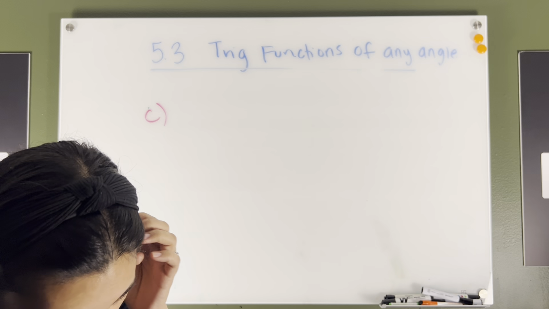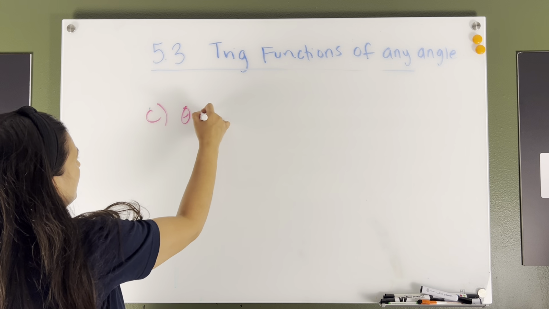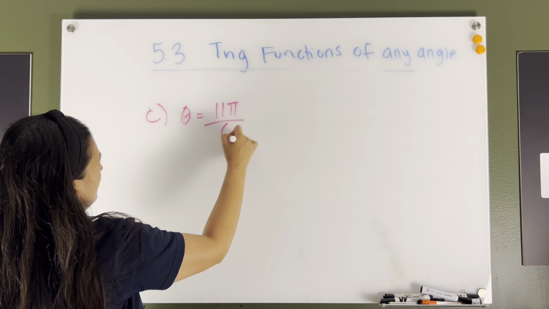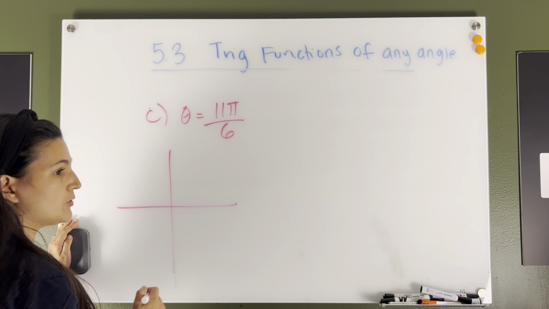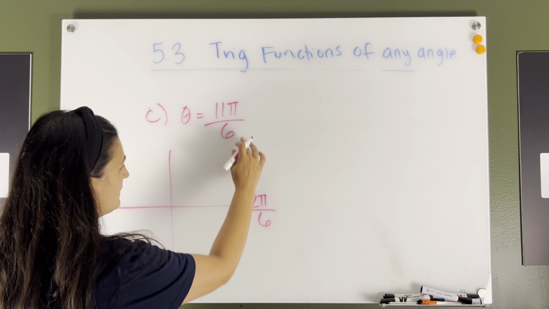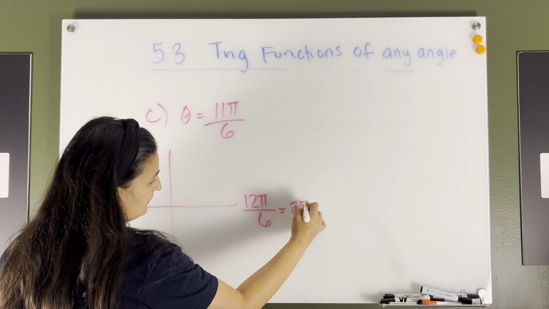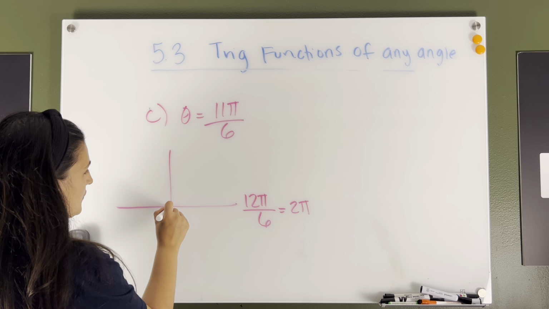Okay, so part C, 11 pi over 6. Again, you don't need to draw all of this, but you should be able to see that 12 pi over 6, right, same denominator 6, is 2 pi, right? So 11 pi over 6 is going to be close to 12 pi over 6.